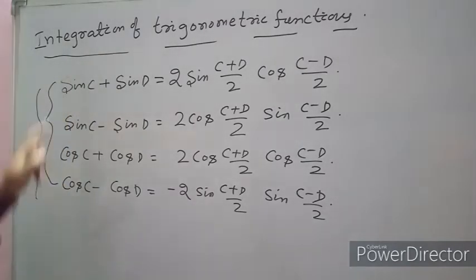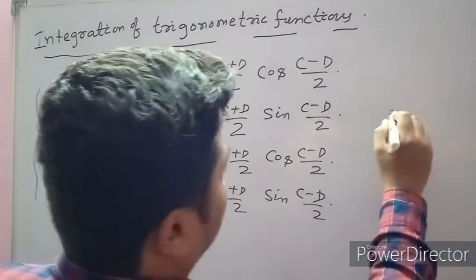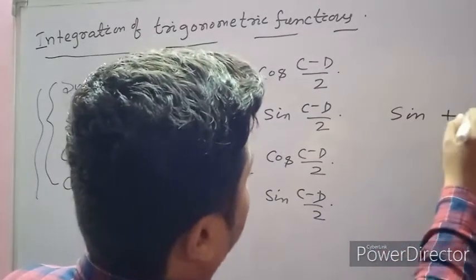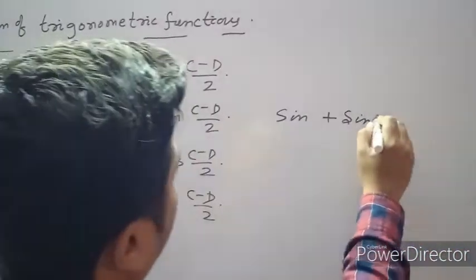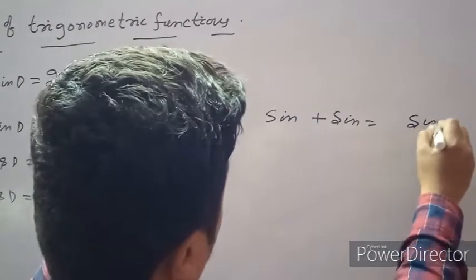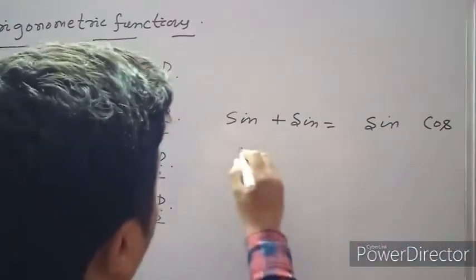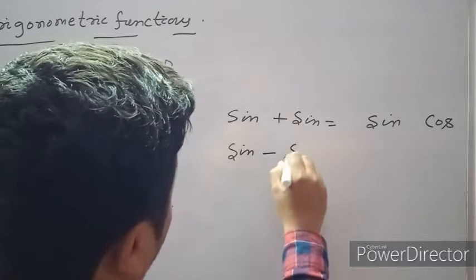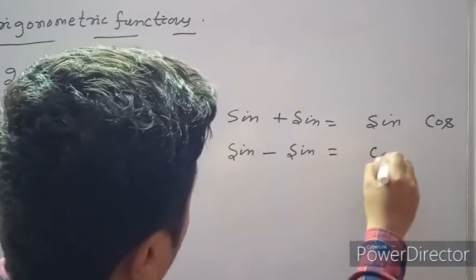In order to remember it shortly, you can say sin plus sin will give you sin cos, and sin minus sin will give you cos sin.